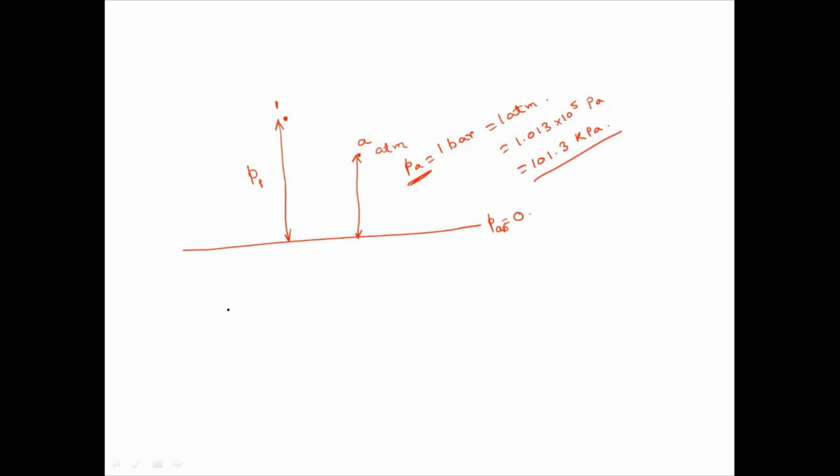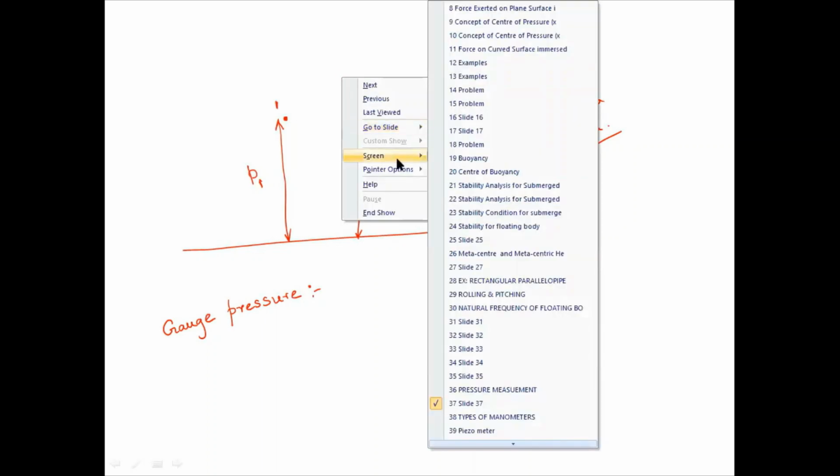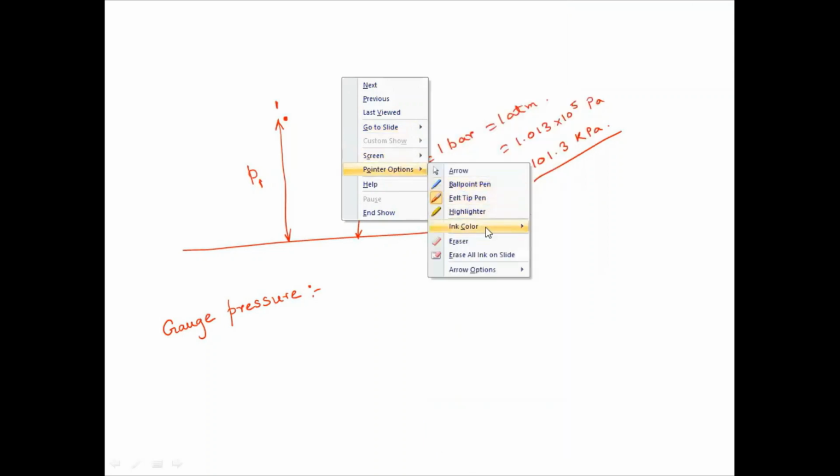Now the next condition is the gauge pressure. In case of finding the gauge pressure, the absolute pressure line is no longer the consideration. Here, the consideration will be the atmospheric pressure.